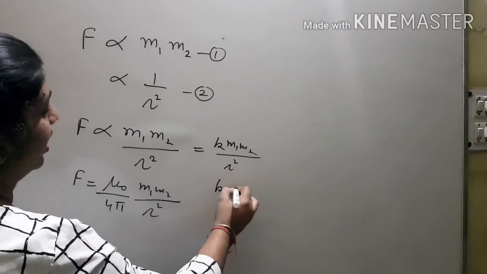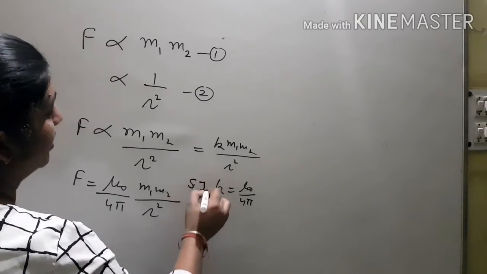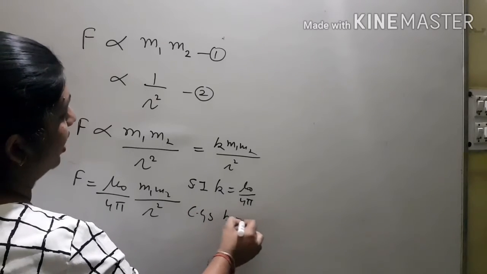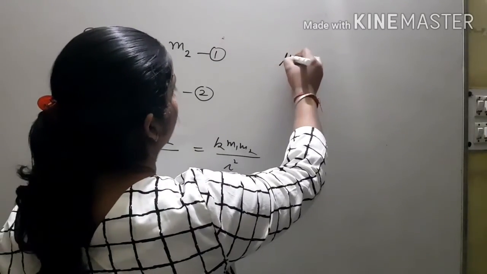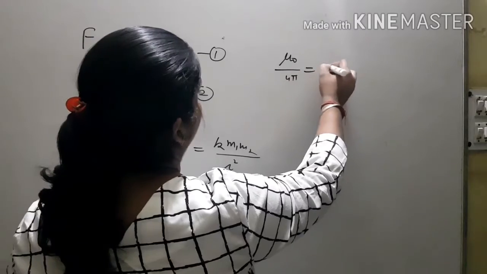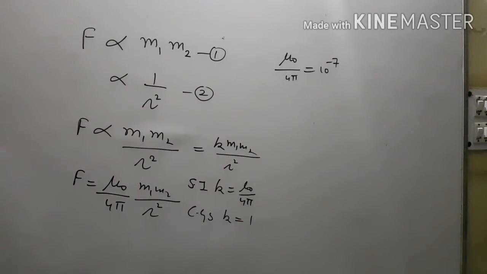And mu naught by 4 pi is equal to 10 raised to power minus 7 Weber per ampere per meter.